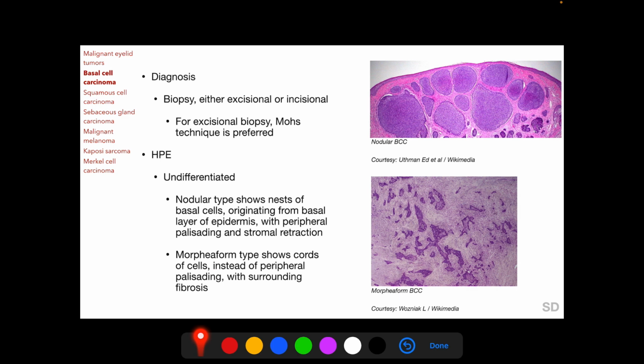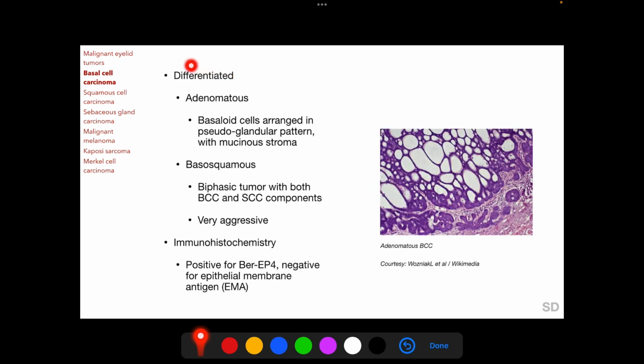And in the clinically morphiform BCC, histopathology shows cords of cells as seen here with surrounding fibrosis instead of peripheral palisading. The common differentiated forms of BCC are the adenomatous and the basosquamous BCC.